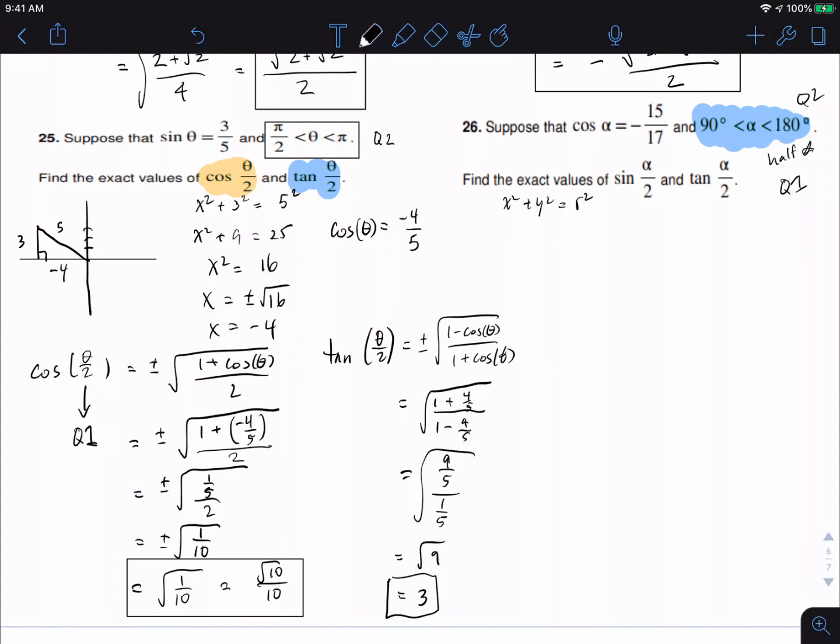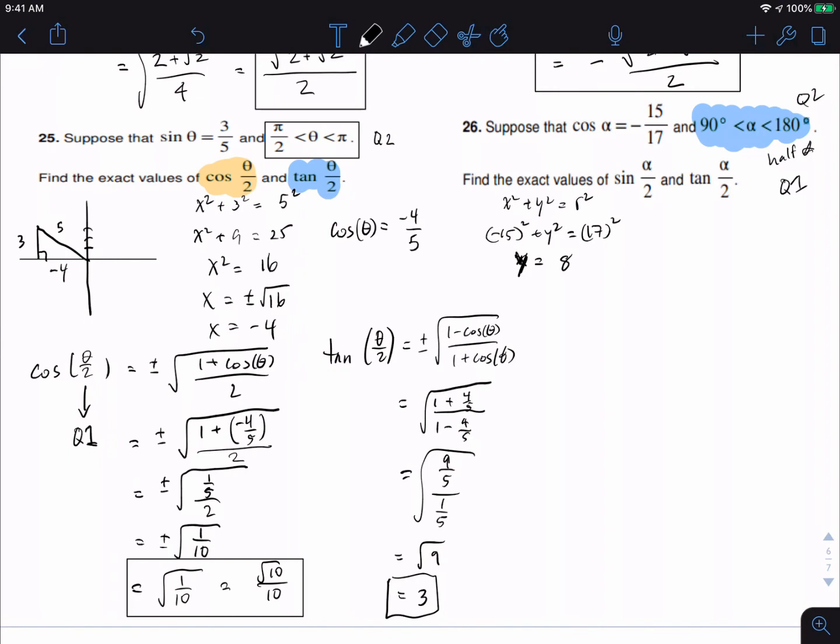I have x, I'm looking for y. So it's a negative 15 squared plus y squared is equal to 17 squared. And so y ends up being, let me do the math real quick. Should be 8. So we got our 8.